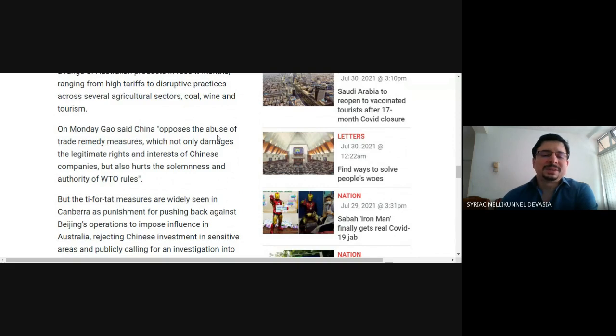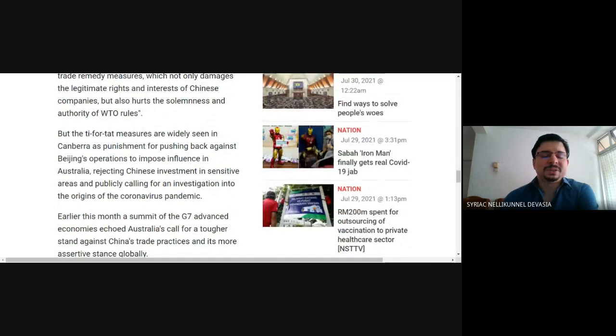This is from the foreign minister: China opposes the abuse of trade remedy measures, which not only damages legitimate rights and interests of Chinese companies, but also hurts solemnness and authority of WTO rules. So both countries are accusing one another here.